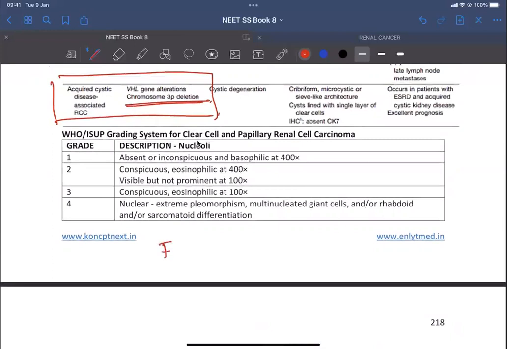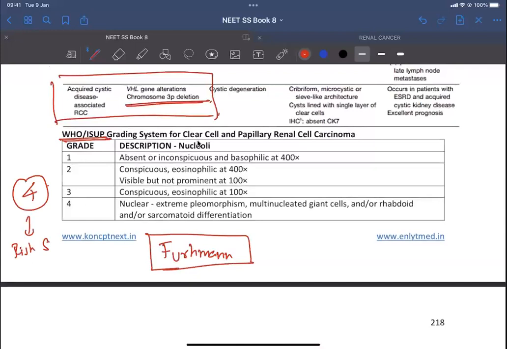So historically, we used the Fuhrman grading system for grading the aggressiveness or severity of renal tumors. What we now use is the WHO ISUP grading, with 4 grades, and we use this grading system in risk stratification, the Leibovich score, to determine follow-up.